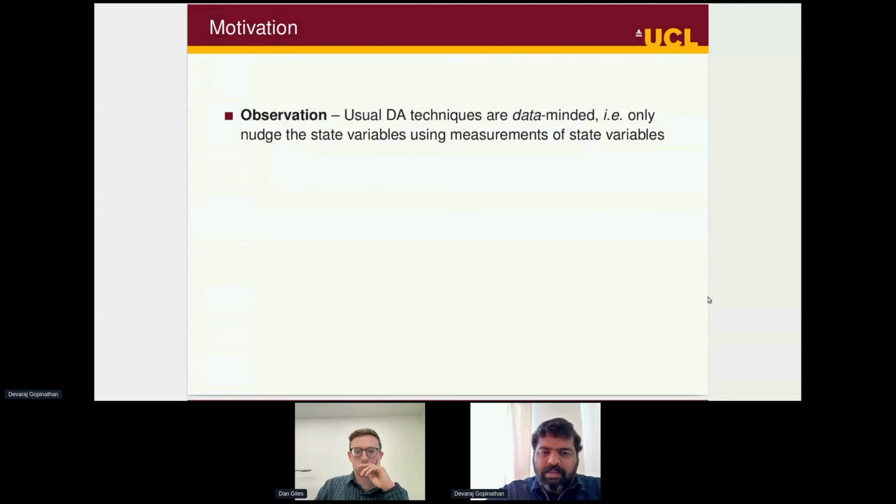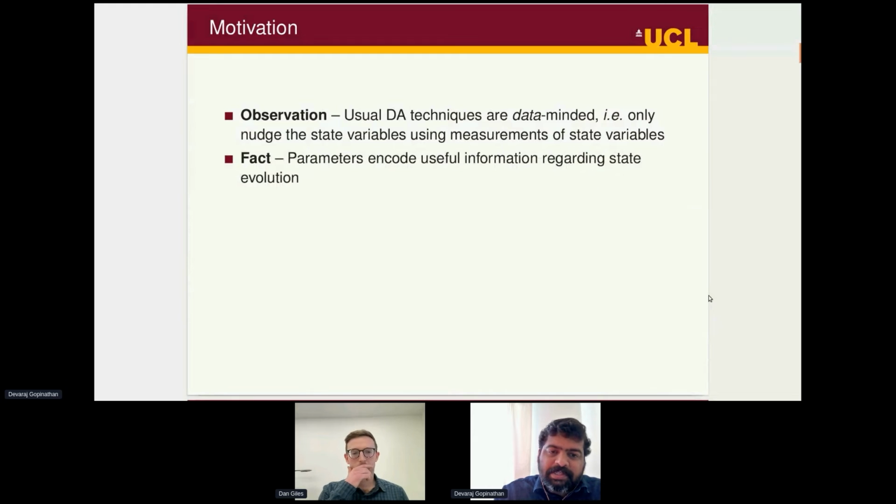So what Daniel was showing was use the observations and assimilate them to move the system forward, to predict efficiently. What I would say is this presentation talks about the use of parameters, which has been ignored for many of the data assimilation problems. So one of the factors, parameters encode useful information regarding state evolution.